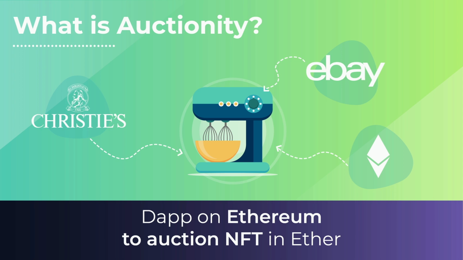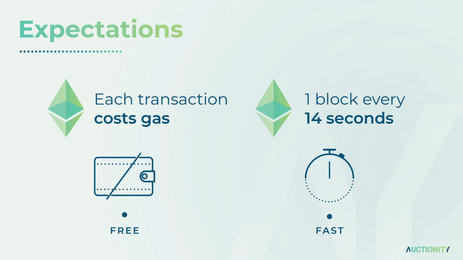So I told you that the Ethereum blockchain helps with the payment and delivery guarantees, but concerning the freeness and the speed, it's not the same deal. Because on the Ethereum blockchain, each transaction costs gas. It means that if I want to bid on an auction which takes place in the Ethereum blockchain, I have to pay some gas for this transaction.